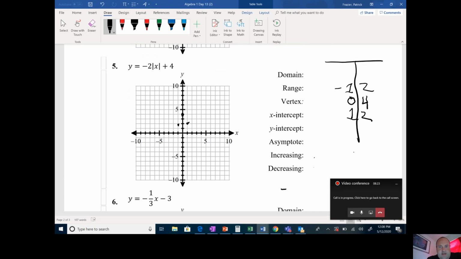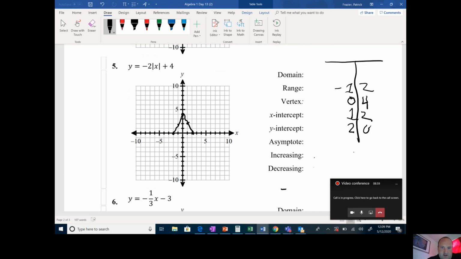And then let's do this until we hit the x axis, so we have our x-intercept. Next, I'm going to do 2. Well, the absolute value of 2 is 2. 2 times -2 is -4. -4 plus 4 is 0. And if we just went down 2 from 2 and then over 1, we'd end up over there. And go down 2 and over 1, end up over here.